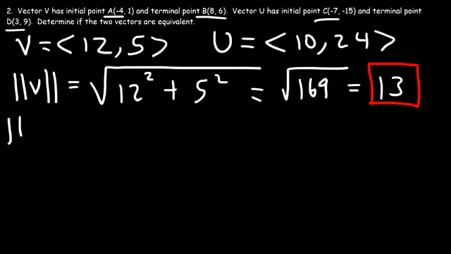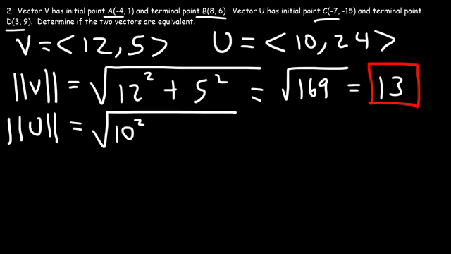Let's do the same for vector u. It's going to be the square root of 10 squared plus 24 squared. Now 10 squared is 100, and 24 squared, that's 576, I believe.